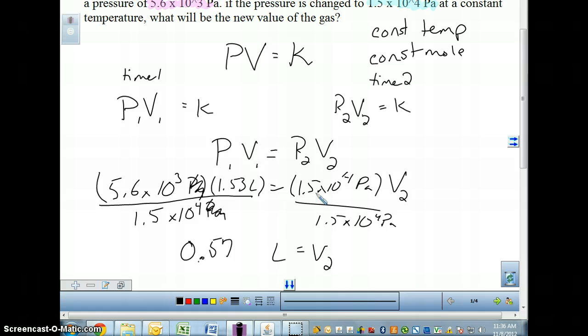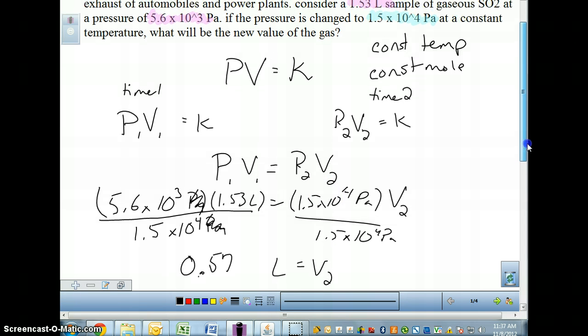So we went from 5,000 to 15,000, which is about an increase of threefold. So our volume should decrease by 3 times. And if we take 1.5 divided by 3, we get 0.5, which is fairly close. So it's a good idea, as always, to check our answer.